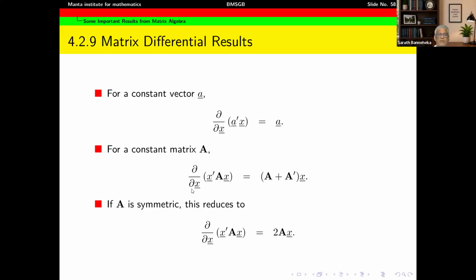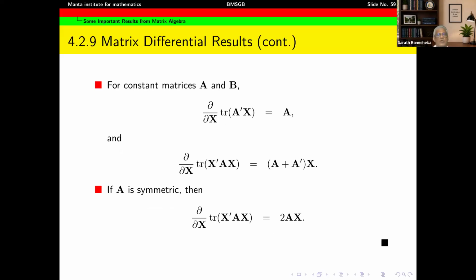So when you are taking the derivative with respect to x, that means you are taking the derivative with respect to each component of x separately and then arranging it as a vector. So it is finally going to give you a vector in this case. In particular, if A is symmetric, then A and A transpose will be the same. Therefore, this will be 2 times A times x in that case.